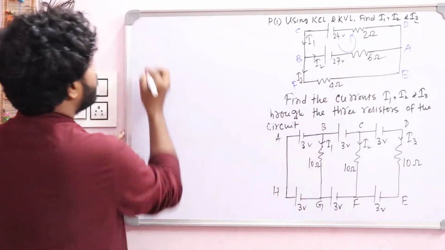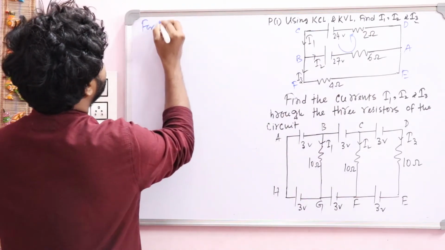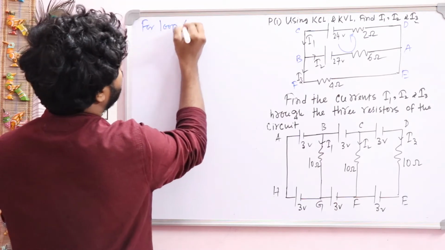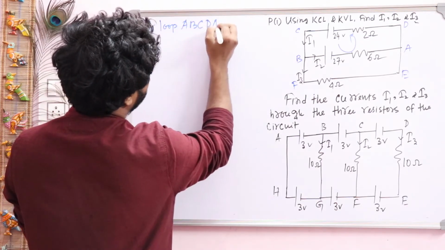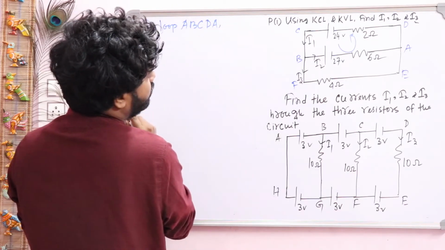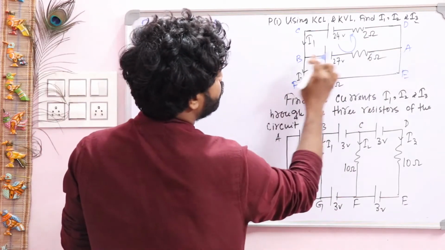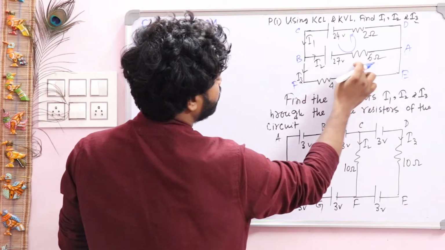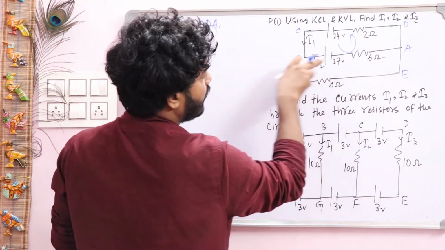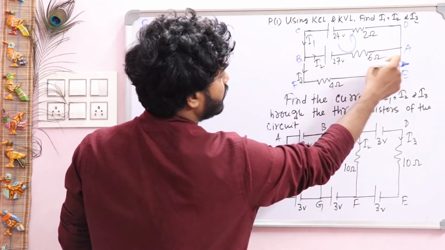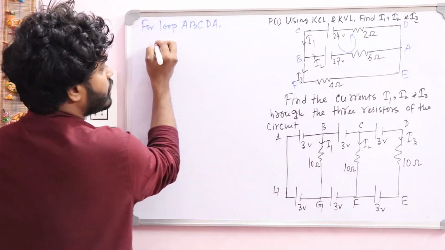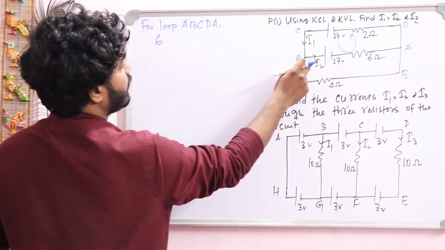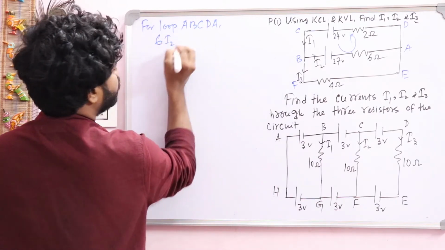Okay, write it down. For loop A, B, C, D, A. What is the formula? A to B. First of all your direction is in this way, 6 ohm, and the current is directed opposite to your direction, so this value will be positive 6, and here the current is I2, that is 6 I2.